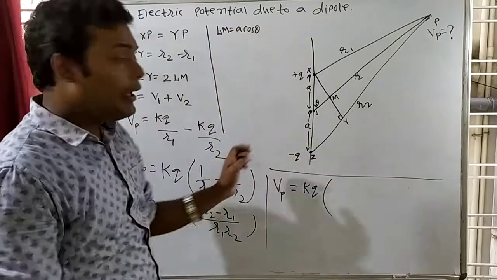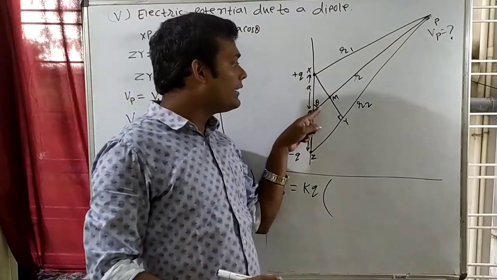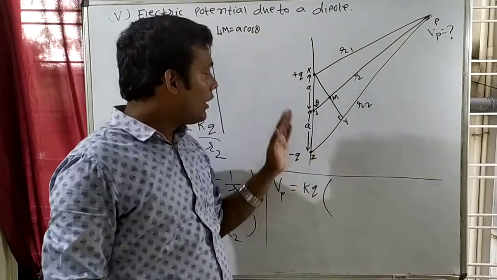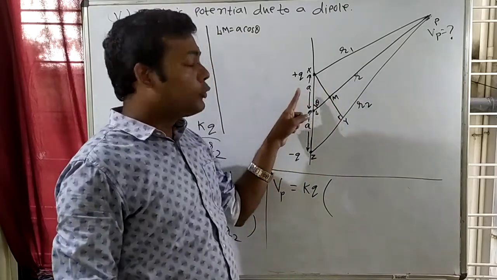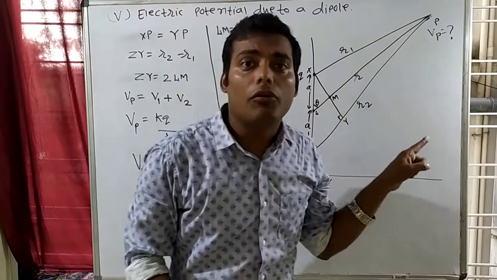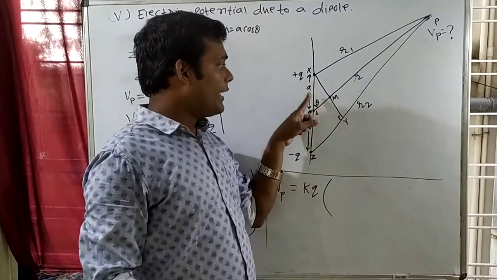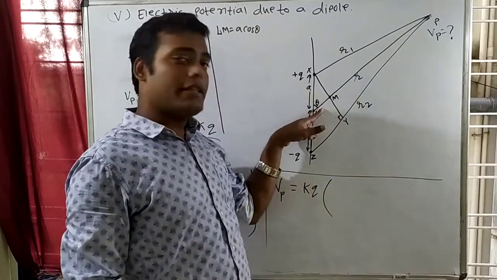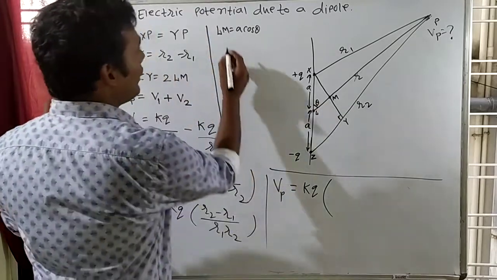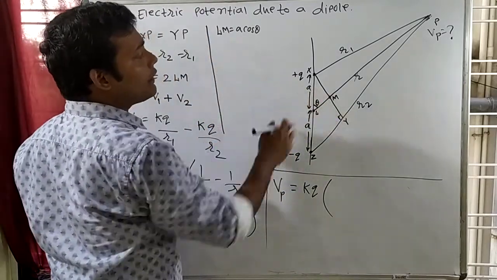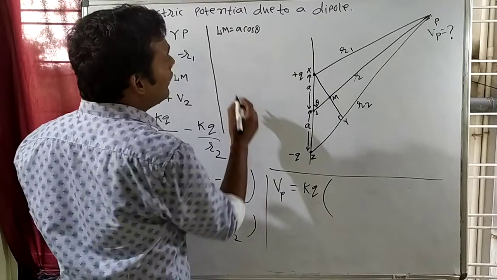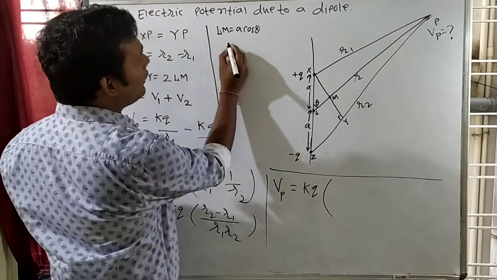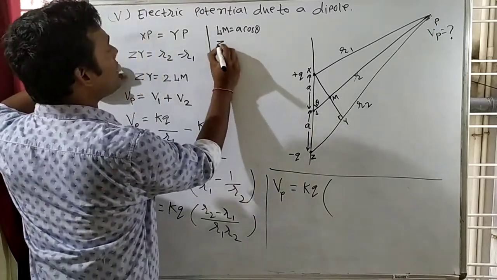See from here, why? Because this A is making theta angle with this. Whichever side the angle is made with, that gives the cos. This is making theta angle with this side, so this side will be cos. So can we write that LM is A cos theta?